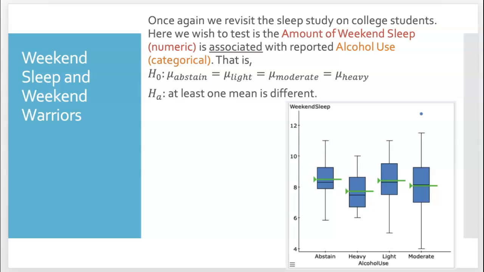If we wanted to test the hypothesis here, we wish to test whether the amount of weekend sleep, which is a numeric variable, is associated with reported alcohol use, which is categorical.